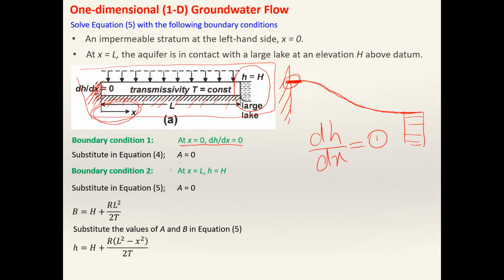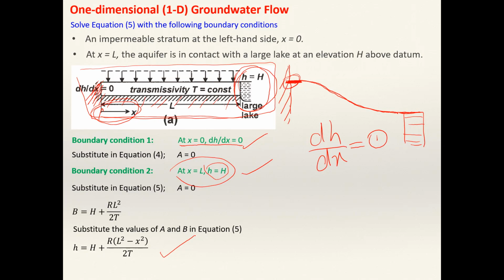When x is equal to L, that means from here to here, the length is L, the hydraulic head is equal to the head of this lake. That is H equal to capital H. Now you see you have two boundary conditions. Substitute again into the equation and get this equation for the piezometric head.